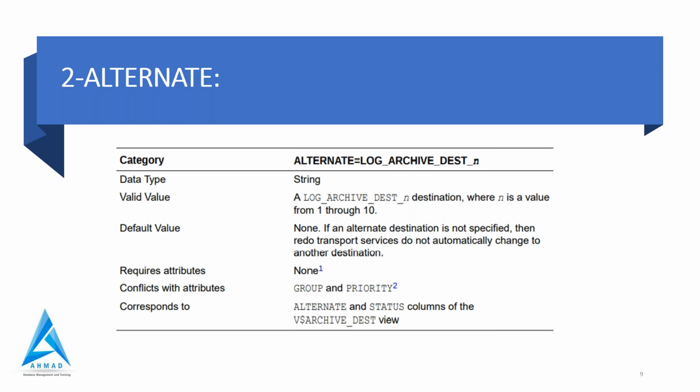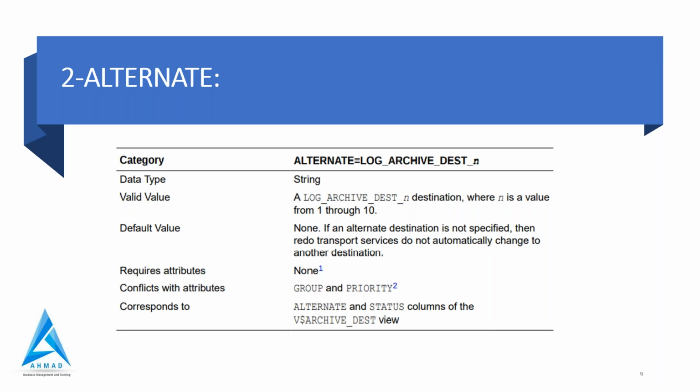And a destination cannot be its own alternate. So when a destination fails, its alternate destination is enabled on the next archival operation.